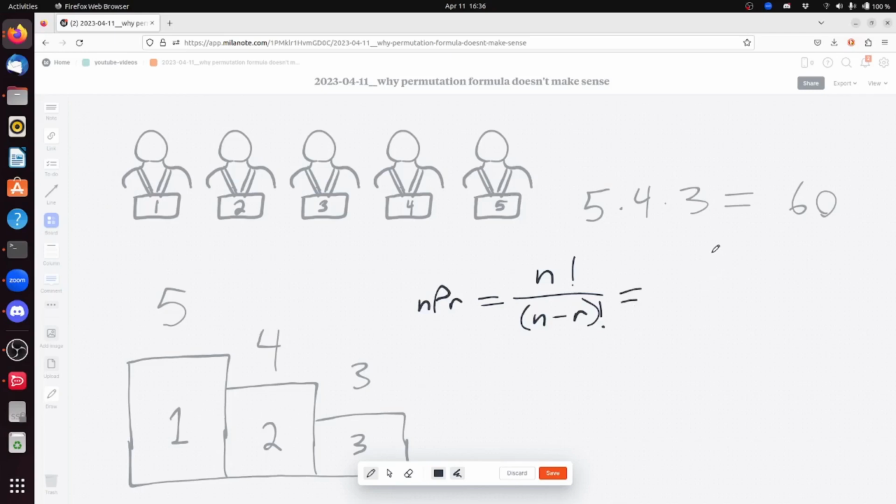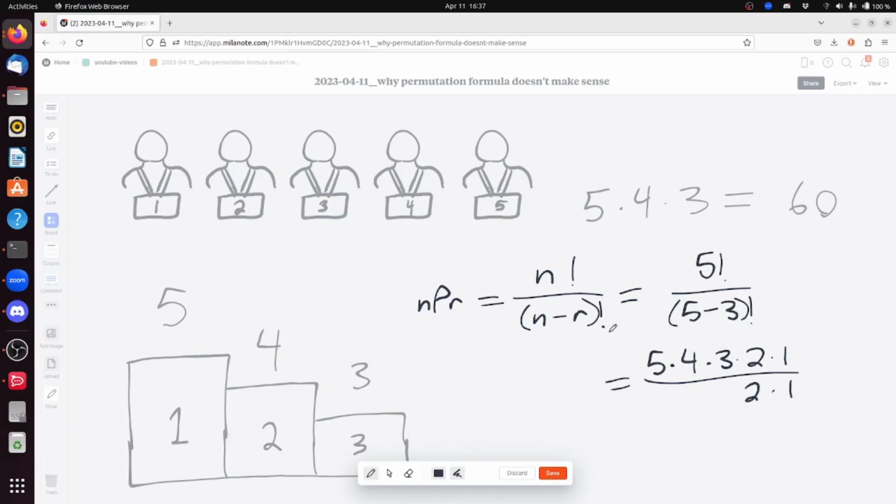Then we would have 5 factorial divided by 5 minus 3 factorial. Factorial means that you basically start at that number and keep multiplying it by numbers that are 1 less than that, until you get down to 1. So 5 factorial will be 5 times 4 times 3 times 2 times 1. And then 5 minus 3 would be 2, and 2 factorial would just be 2 times 1.